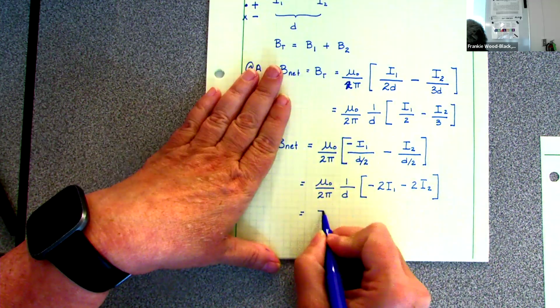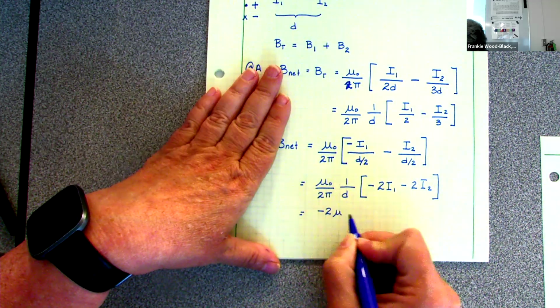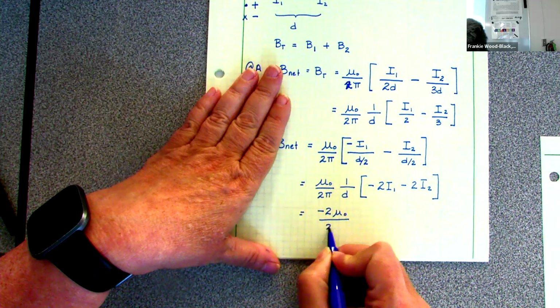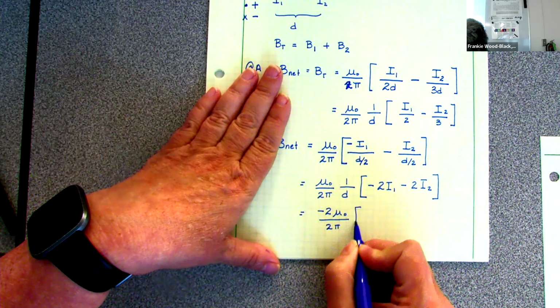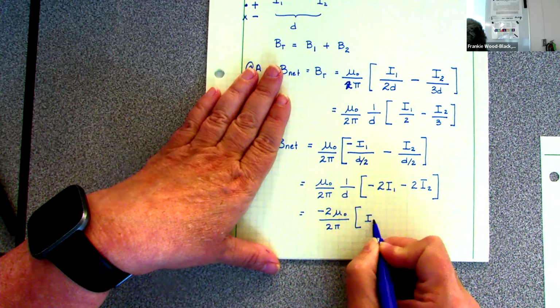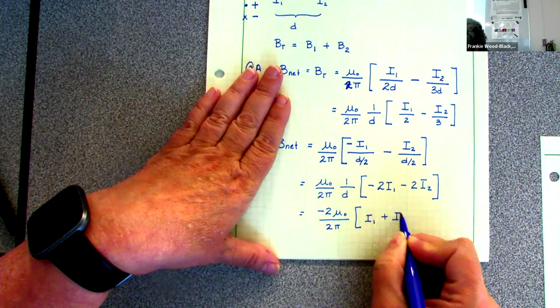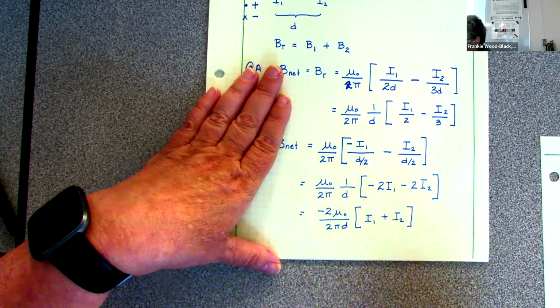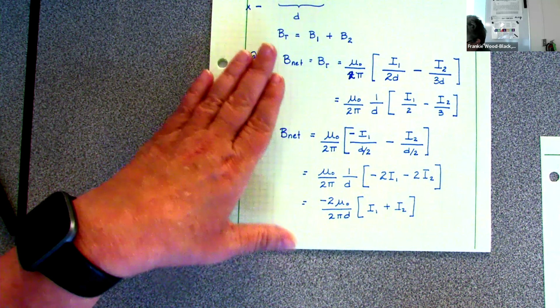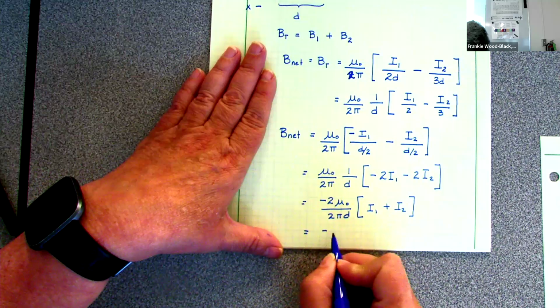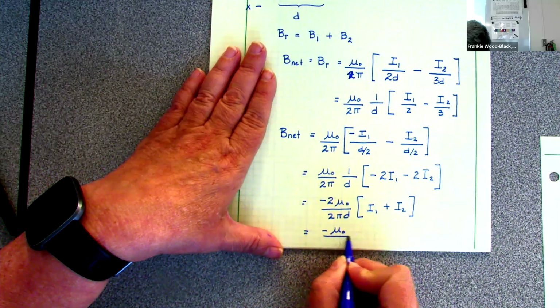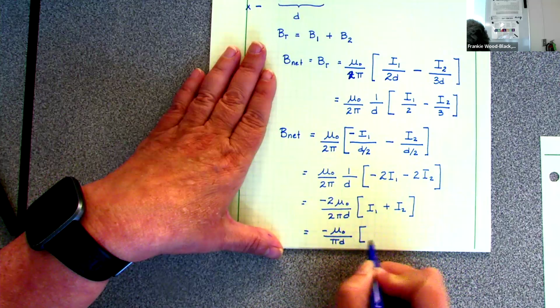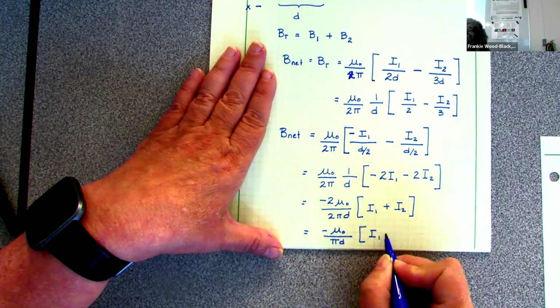I'm going to take out my minus 2 mu over 2 pi, I1 plus I2. And I got a d in there. Almost left my d off. So now I get a minus mu pi over d, sum of the currents.